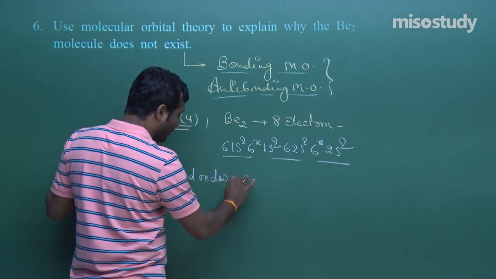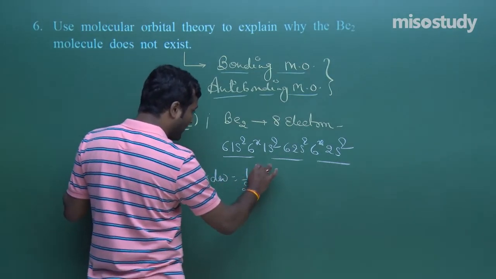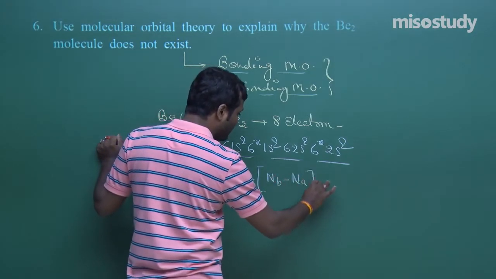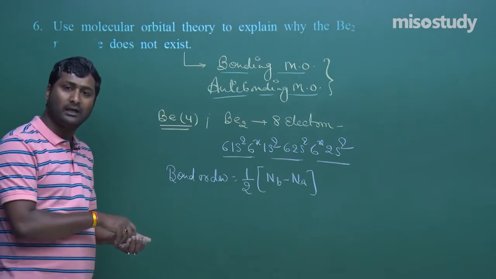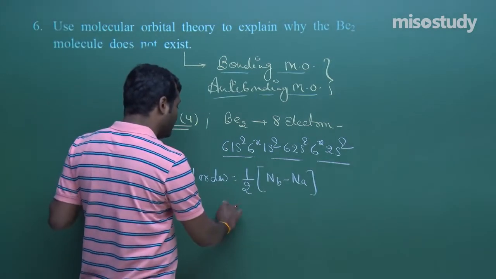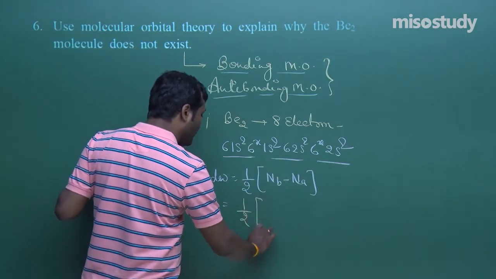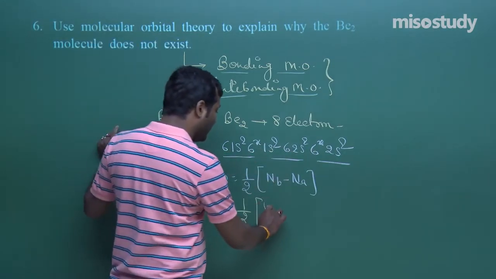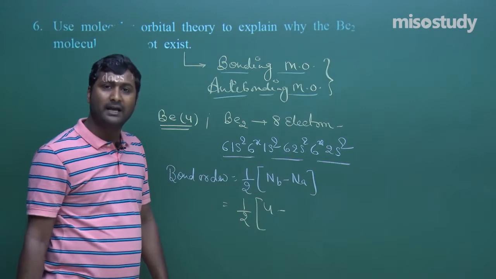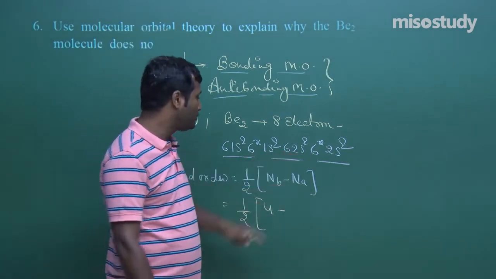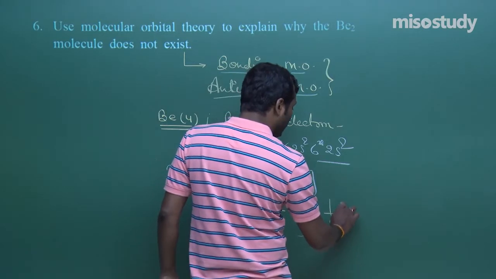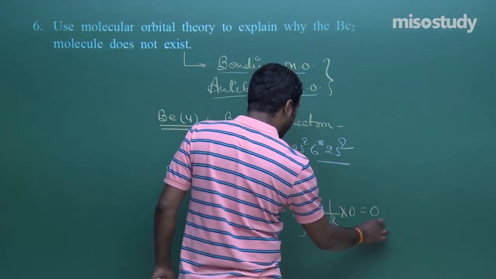As we know, bond order is 1/2 times the number of bonding electrons minus the number of anti-bonding electrons. How many electrons in bonding? 2 and 2, 4. How many electrons in anti-bonding? 2 and 2, 4. So 4 minus 4 is equal to 0. So 1/2 into 0 is equal to 0.